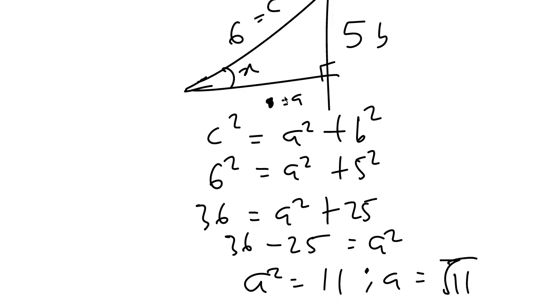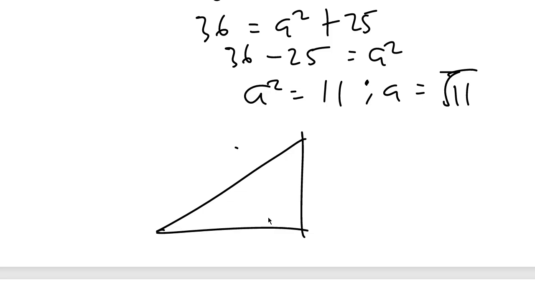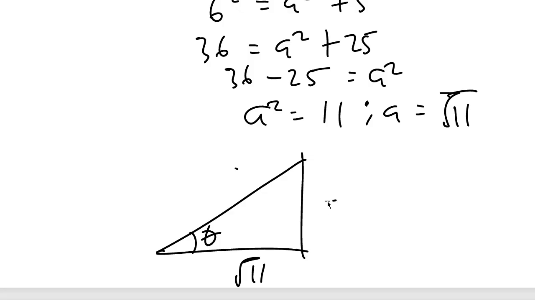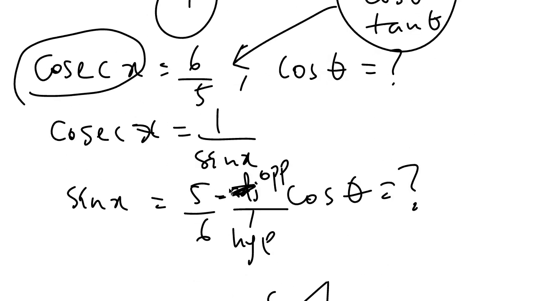Do you understand? So we can then redraw the triangle with root 11, 5, and then 6. So what is cos theta from here? Remember that cos theta is equal to the adjacent over the hypotenuse.